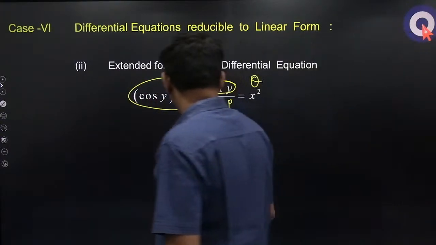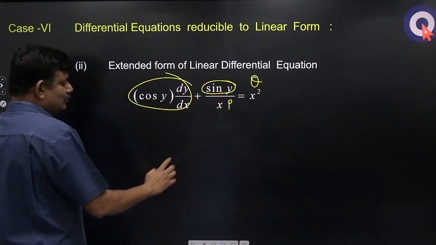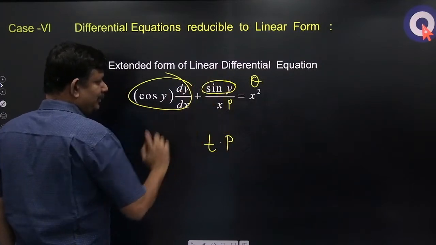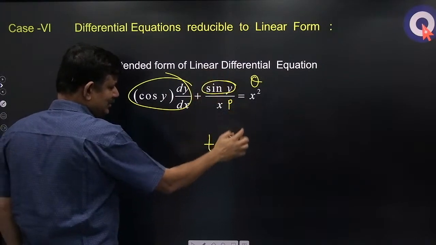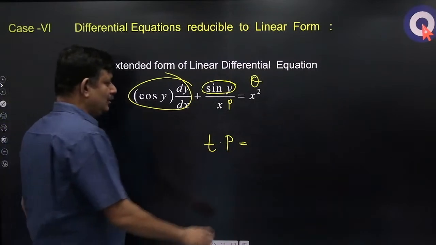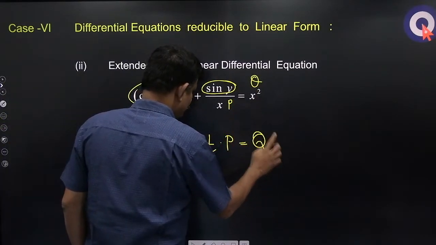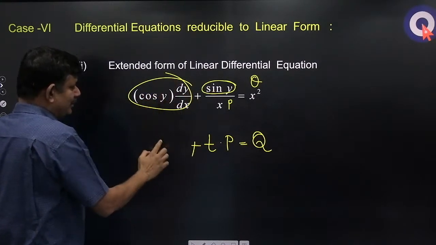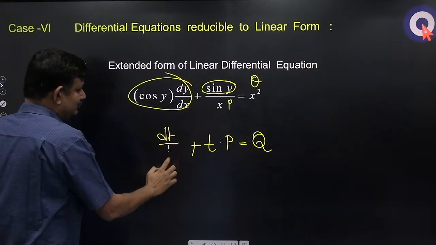So very simple, sin y you call it t, let this whole thing be p, a function of x, it need not be 1 by x and x square, any function will do for p, any function for q. Plus if sin y is t, cos y dy by dx will be dt by dx.